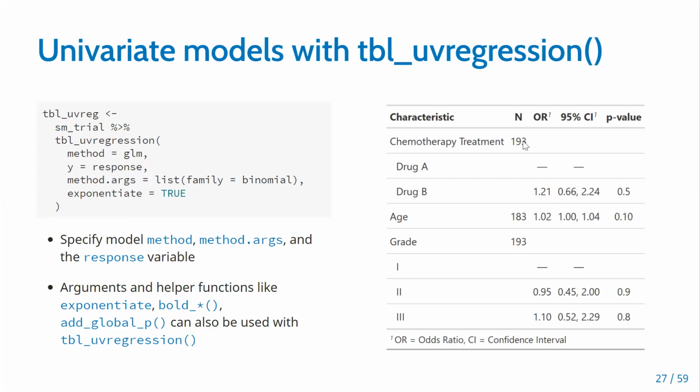And then at the end it stacks them all together. So you can see there's a column n, and the n is different for the various models because there are different rates of missing data for each of the columns. Otherwise, it looks quite similar to your typical regression output.